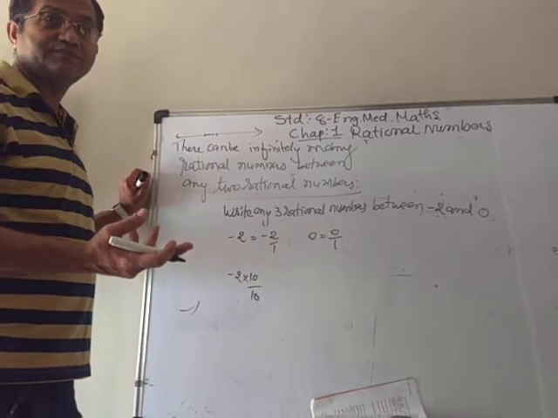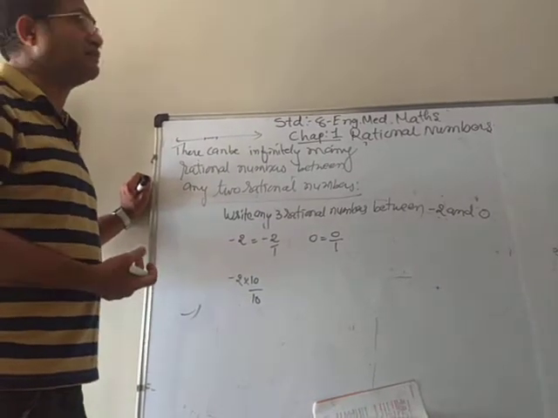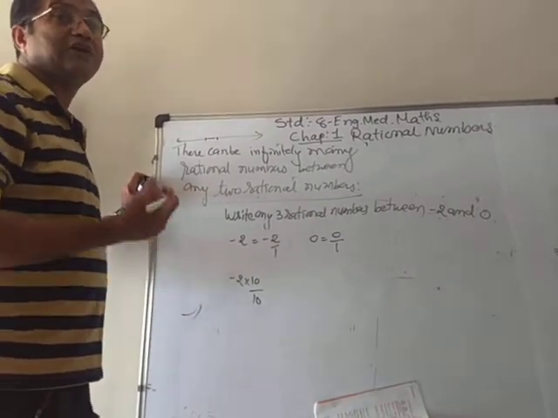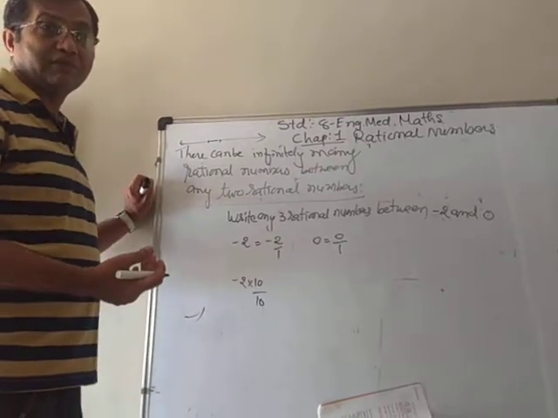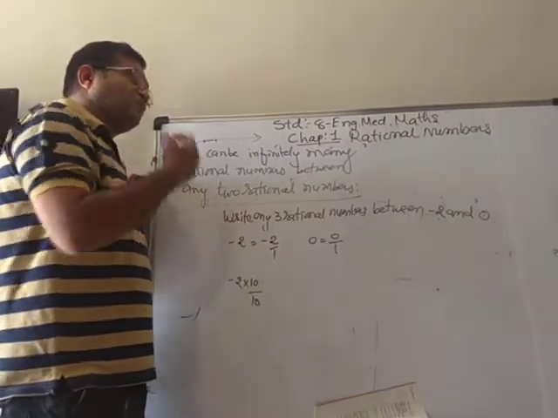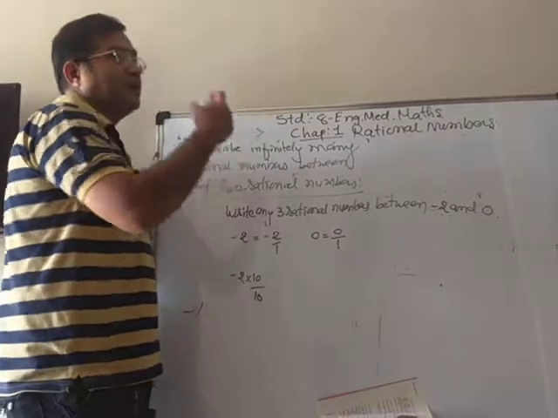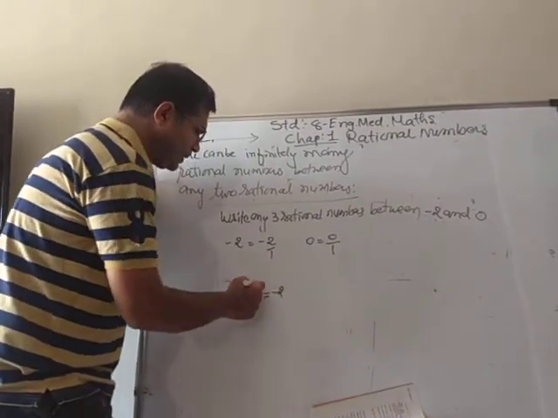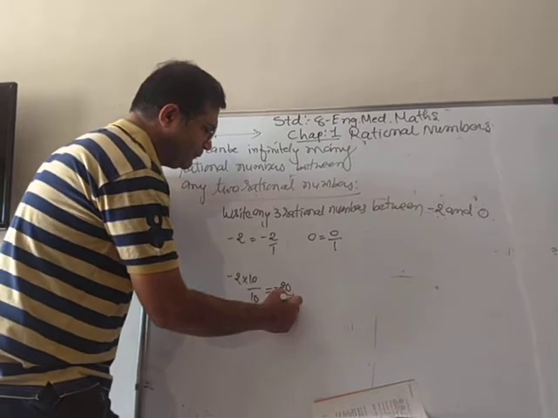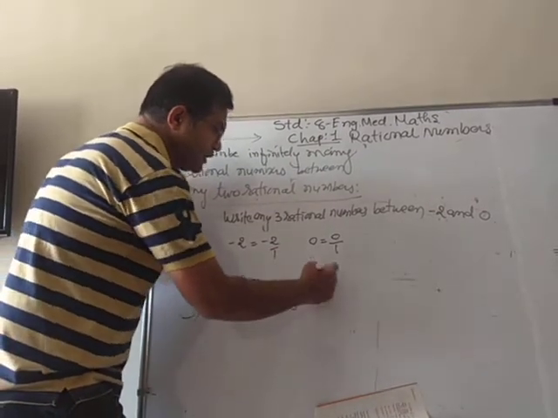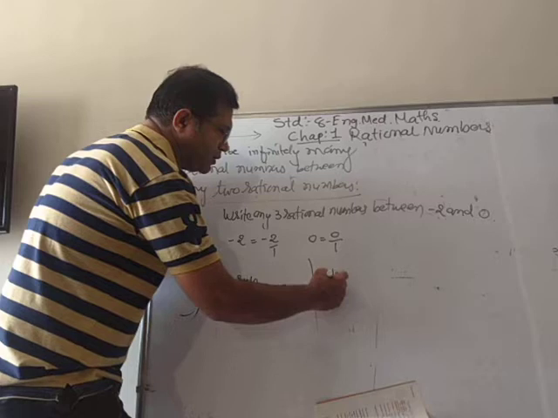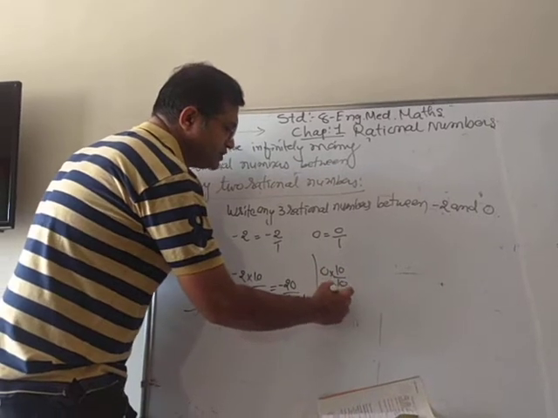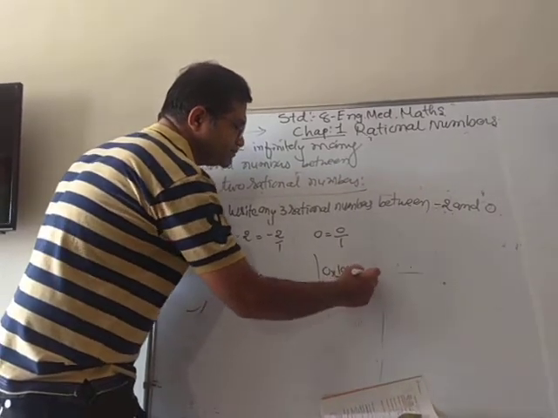You learned in standard 7 how to find equivalent rational numbers: multiply the numerator and denominator by the same number. So here you will get -20 upon 10. Similarly, multiplying 0, it will be 0 upon 10.